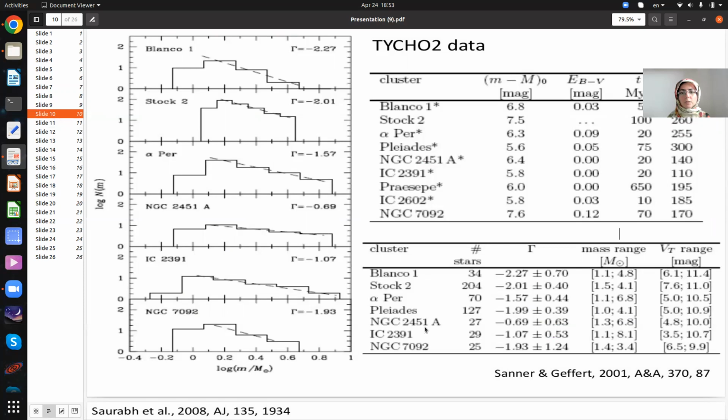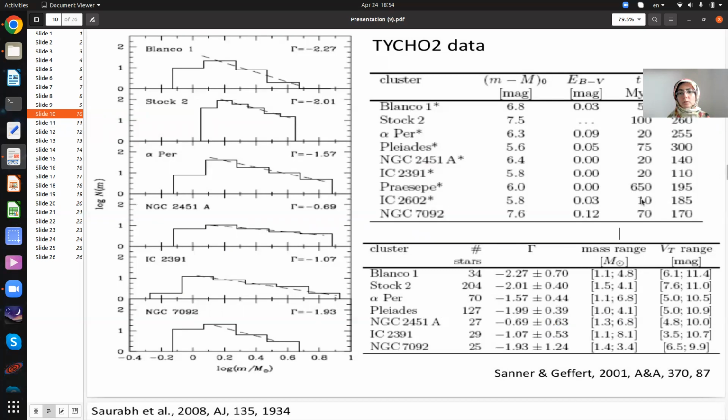Here you see different clusters. Someone tested data for seven clusters, and you see some of them are young. For example, IC 2602 is 10 million years old. It is young, and some of them are old. Persei, it is 650 million years old.